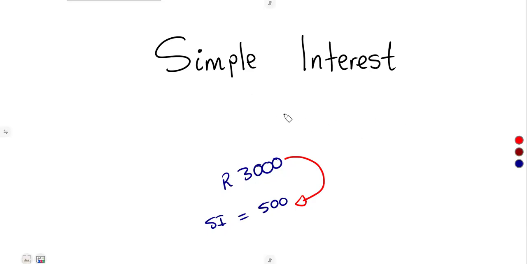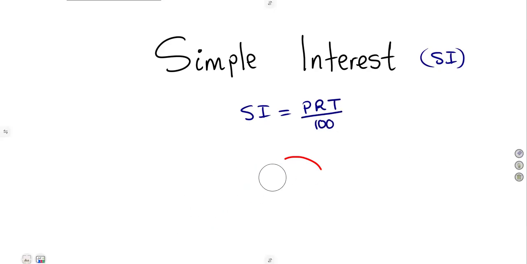So what does it actually state? The simple interest, I'm just going to write in short, SI, is equivalent to the principal times the rate times the time over 100. So where is this formula taken from?